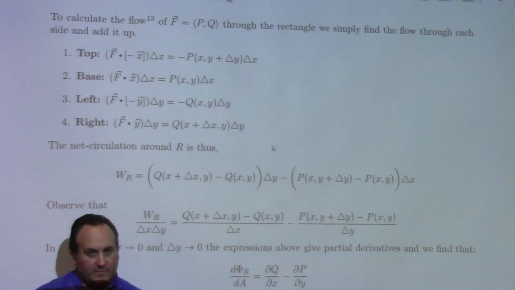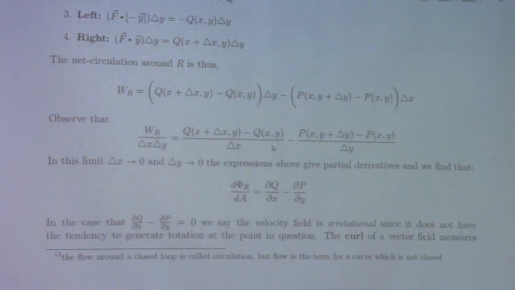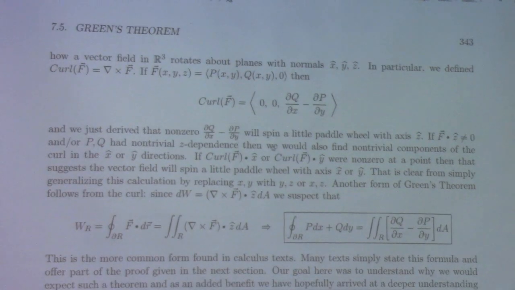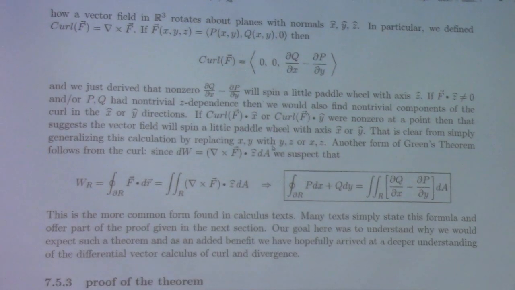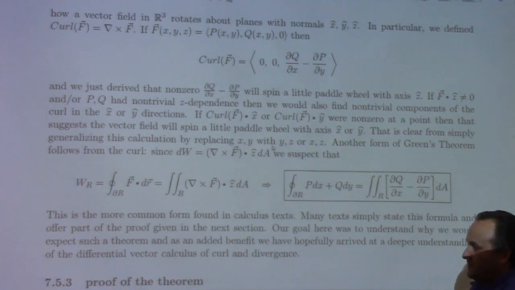That's the work done in that little rectangle, which you might recognize as the z component of the curl of PQR, or PQ0 if you like. And that gives us the so-called curl form, or the usual form of Green's theorem, which is this.